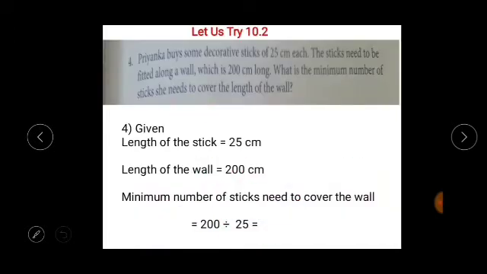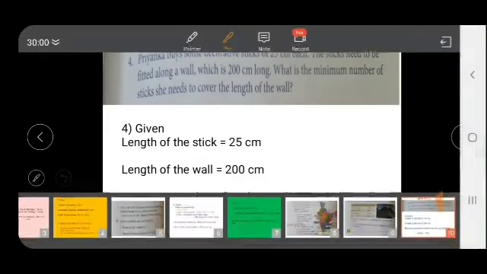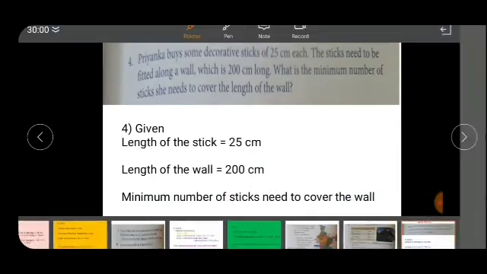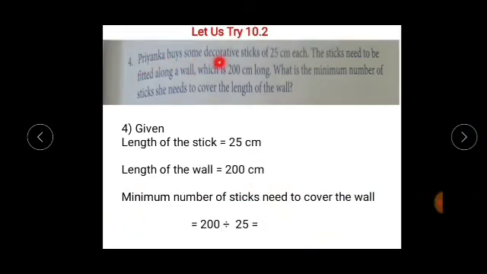And let us try 10.2. The question is given. Priyanka buys some decorative sticks. Fourth question. Decorative sticks of 25 centimeter each. The sticks need to be fitted along a wall which is 200 centimeter long. What is the minimum number of sticks she needs to cover the length of the wall?